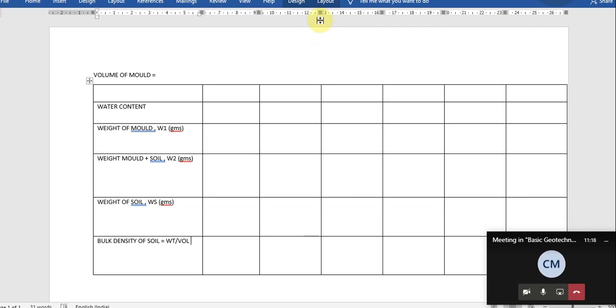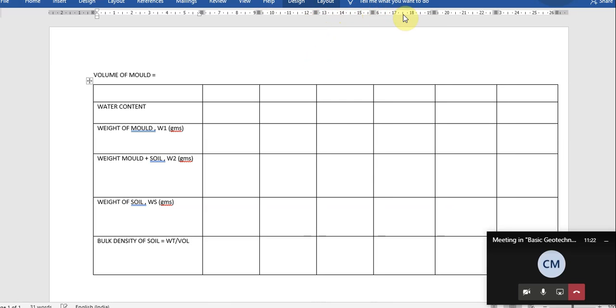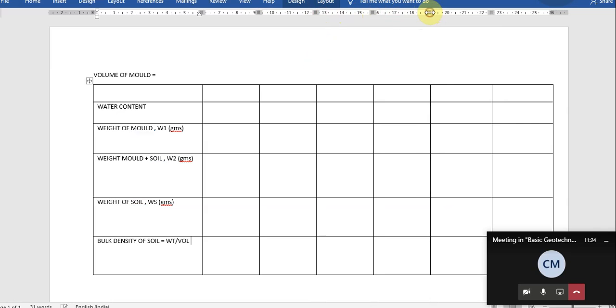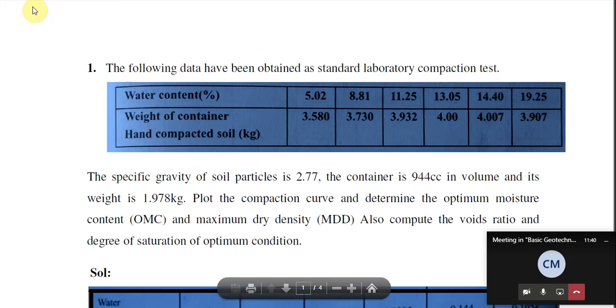This is a very important type of problem in almost all the question papers. This type of problem has appeared for at least 10 to 12 years. So copy the question.